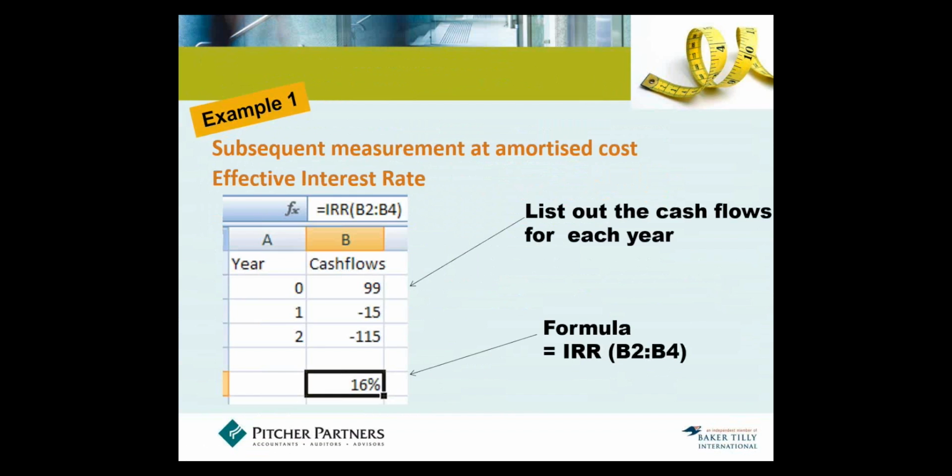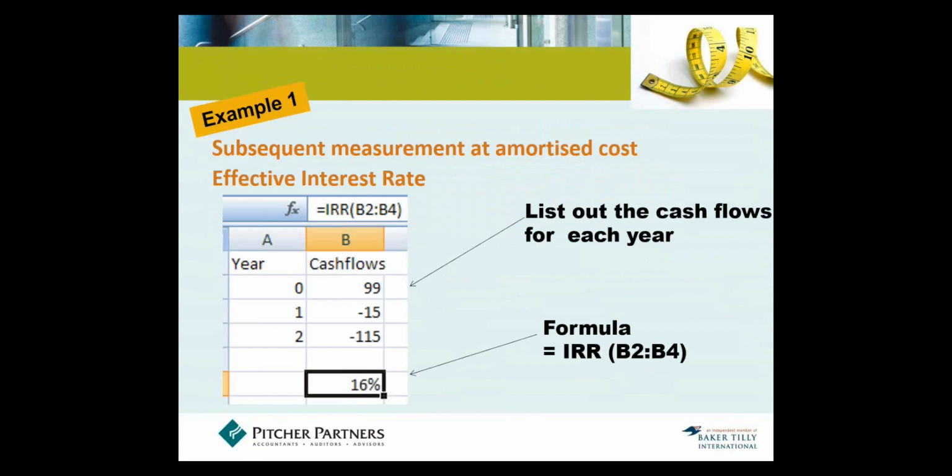So what we do in Excel, and we use the IRR function, we say year 0, there's a cash inflow of 99. There's a cash outflow at the end of year 1 of minus 15. And at the end of year 2, there's an outflow of minus 115.